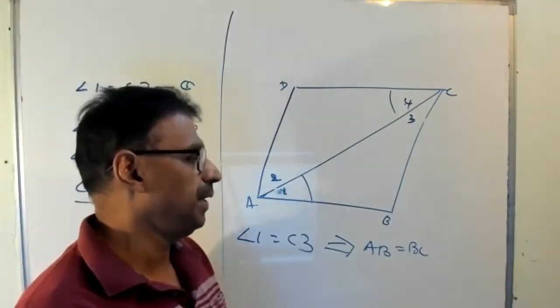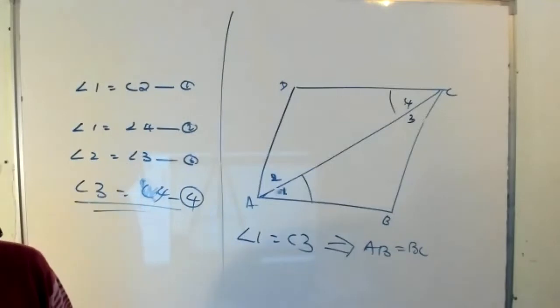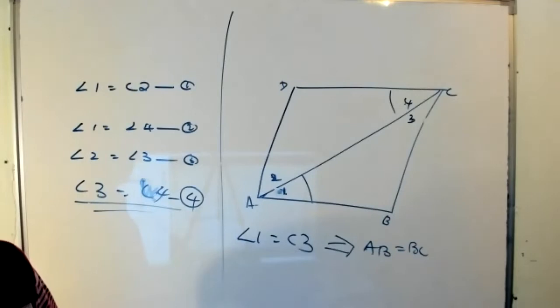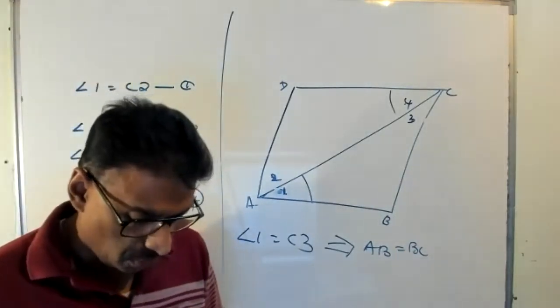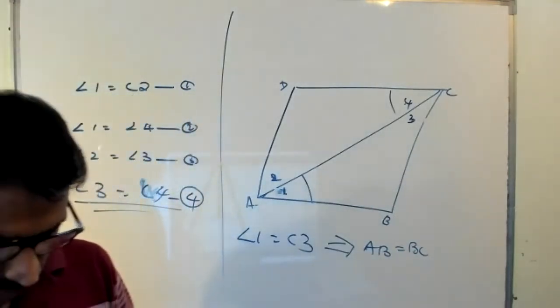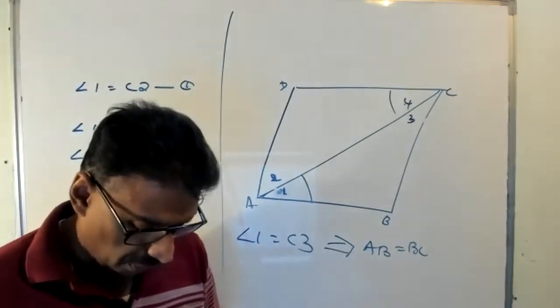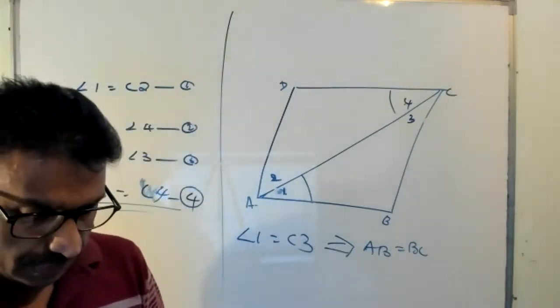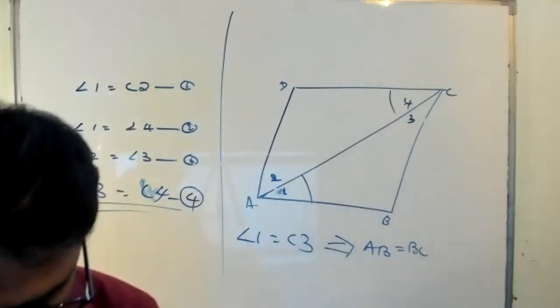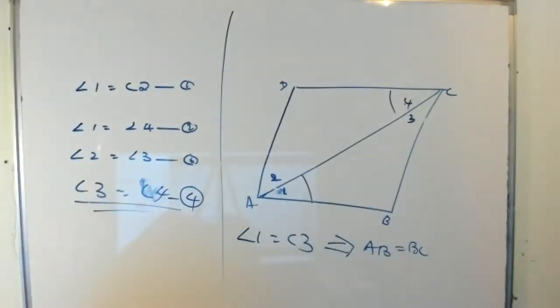Therefore, AB equal to BC, sides opposite to equal angles are equal. Therefore, ABCD is a rhombus.